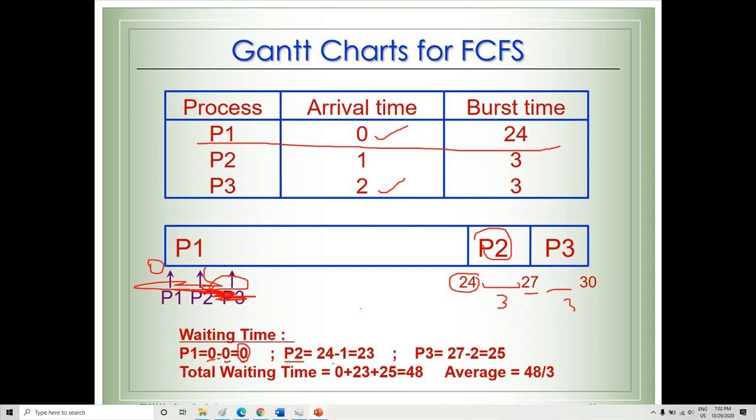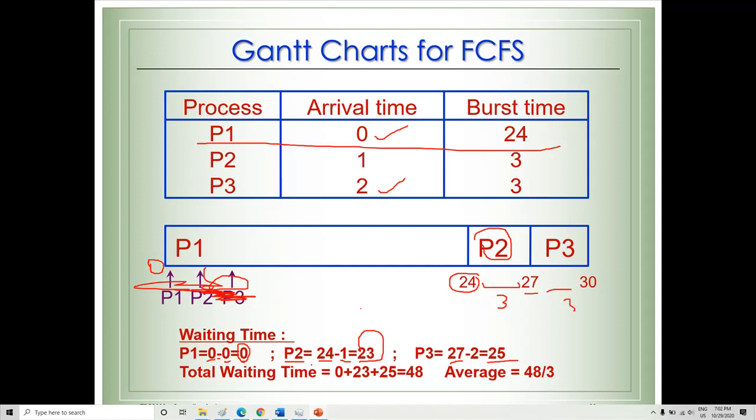Process 2 gets the CPU at 24 milliseconds and its arrival time is 1, so 24 minus 1 is 23, so its waiting time is 23 milliseconds. It's waiting 23 milliseconds in the queue. And process 3 is getting the CPU at 27 milliseconds and its arrival time is 2 milliseconds. 27 minus 2 is 25.